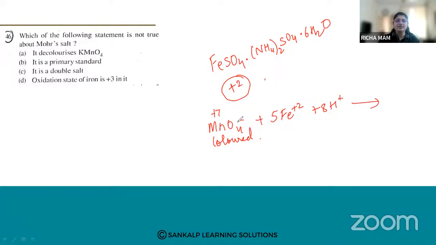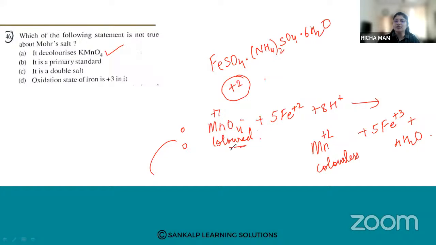So when you react Mohr's salt with KMnO4, it will become colorless in the presence of acid, and this is the reaction. So it decolorizes KMnO4. By seeing this reaction, you can see that KMnO4, which is colored, decolorizes or becomes colorless when reacted with Mohr's salt.